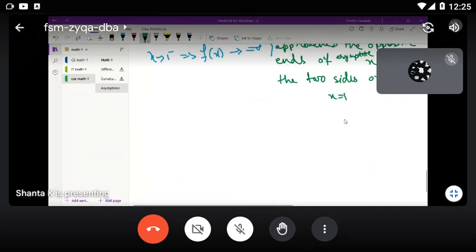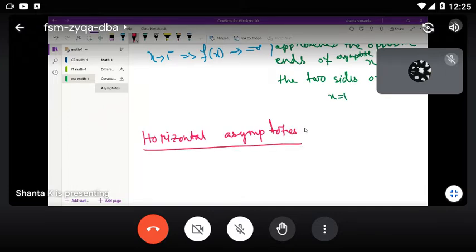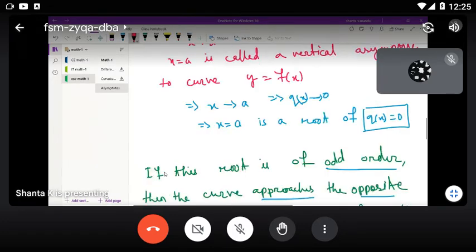Now we will look at the horizontal ones. So we have horizontal asymptotes. It is just the opposite: once you change the places of y and x, you will get them. Here we write the implicit equation g(x,y).